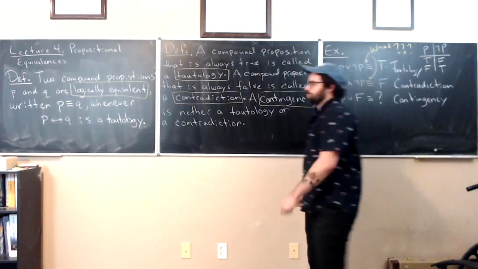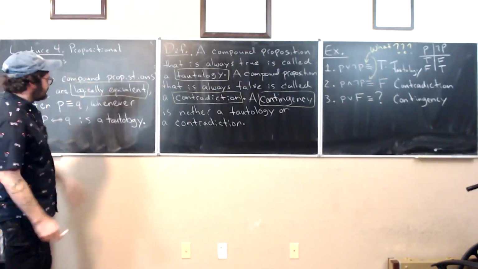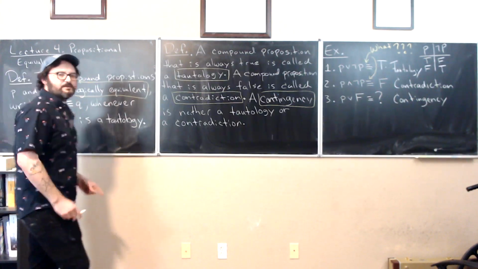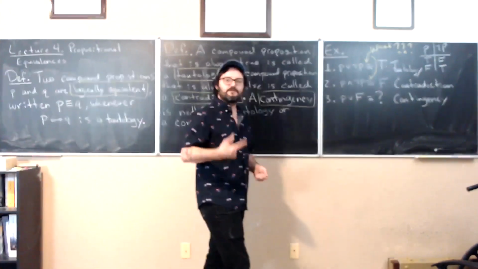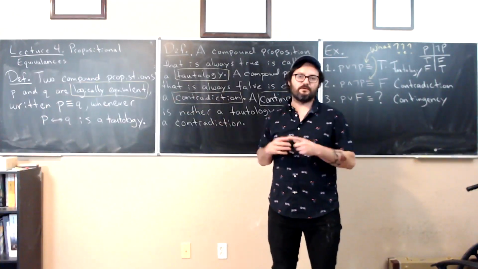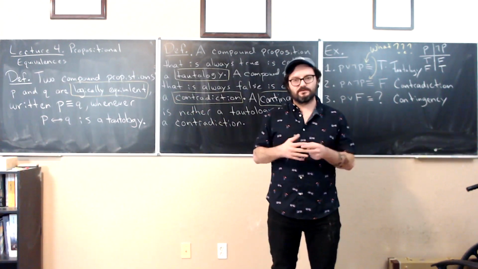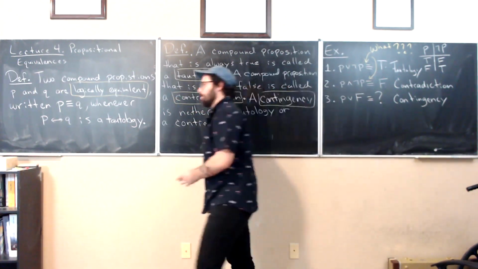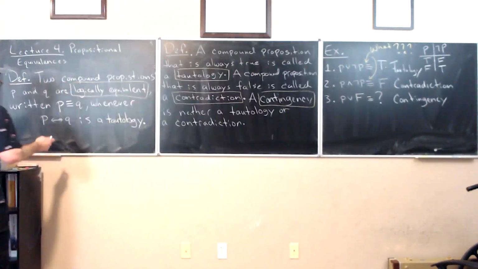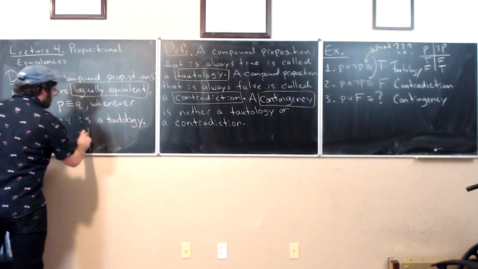Right, so recall, I wish I had more boardroom when I erased it, but recall that the biconditional P if and only if Q is true whenever P and Q always have the same truth values, or not always. When P and Q have the same truth values, that's when it's true. Right, so maybe I can squeeze it in right here, just so you remember.